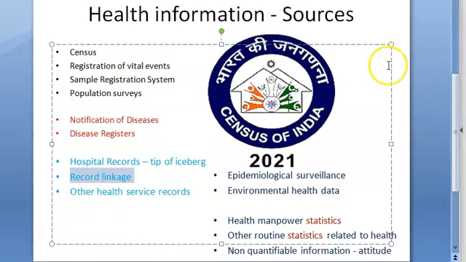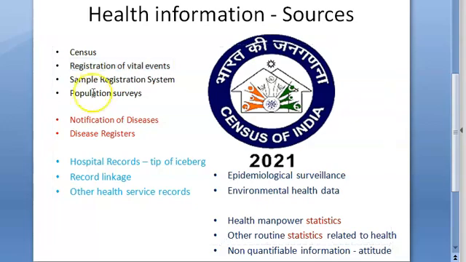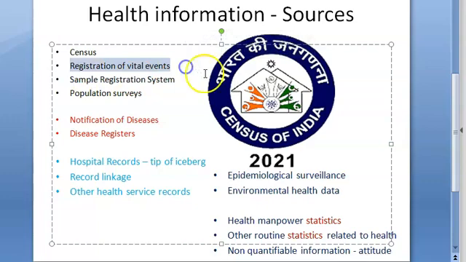Then, registration of vital events: the Central Birth and Death Registration Act of 1969. Remember 1969, within 21 days you have to register birth or death. And anyways, the hospital will have a record of the birth or death, okay? They do give proof of birth or death.